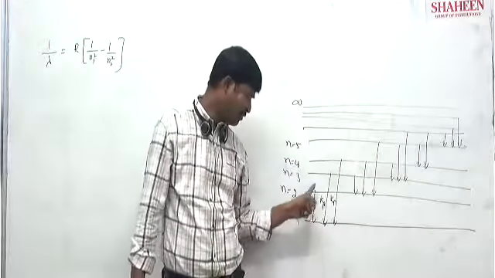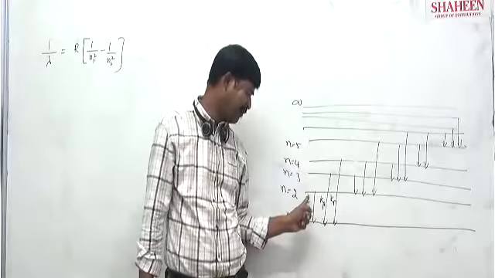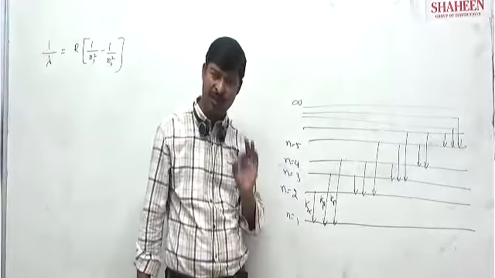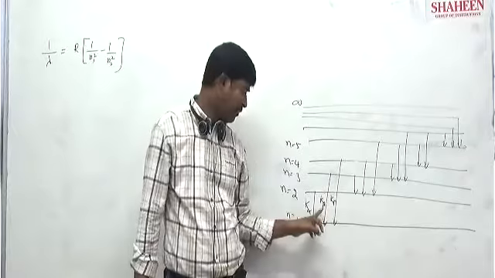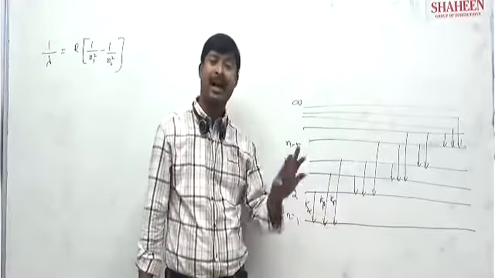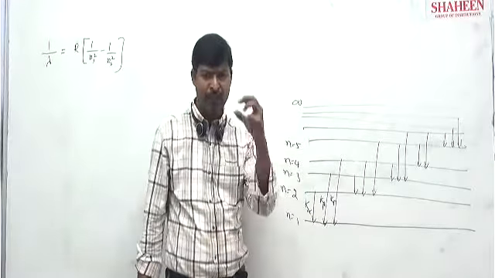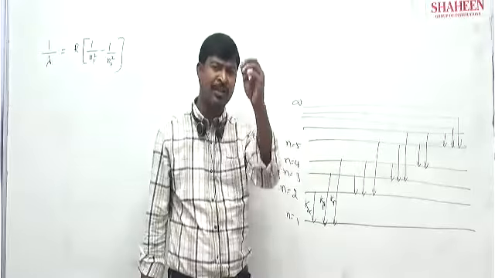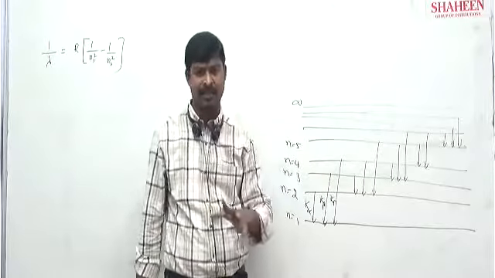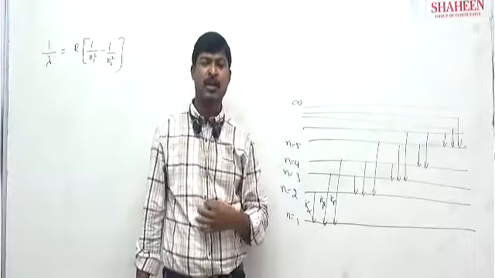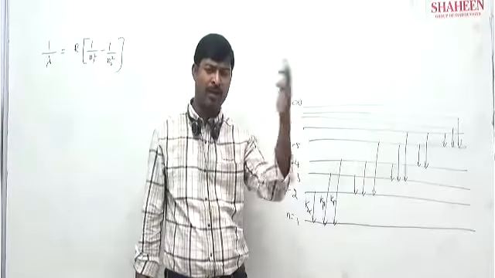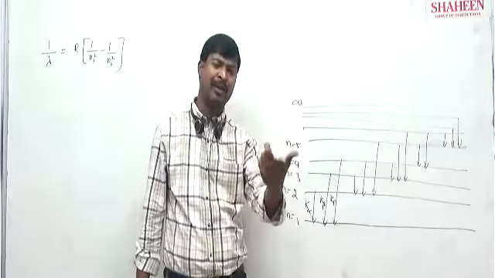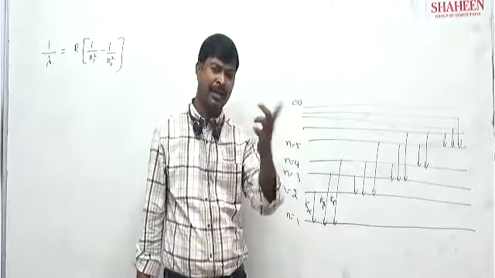The first spectral line, coming from 2 to 1, is called K alpha, 3 to 1 is K beta, 4 to 1 is K gamma. K alpha, K beta, K gamma and so on. These are the spectral lines for the Lyman series. Sometimes in a question, instead of giving energy levels like 4 to 1 or 3 to 1, they will give K alpha or K beta or K gamma.